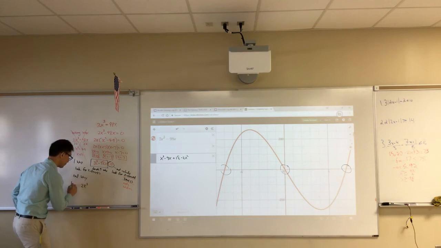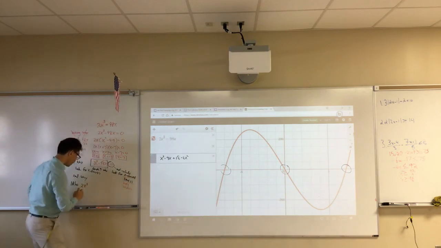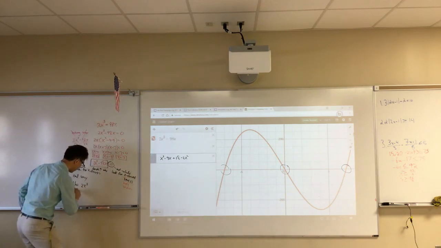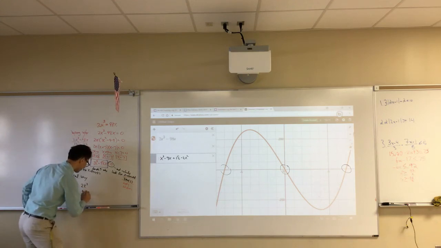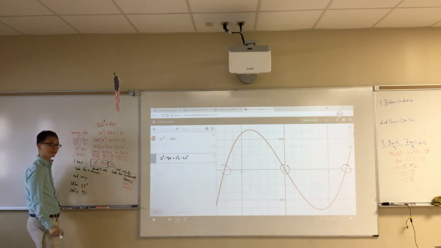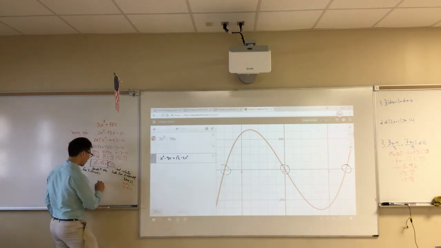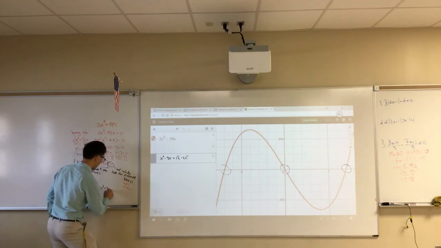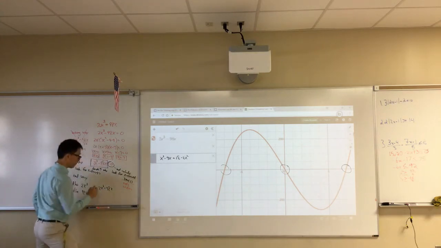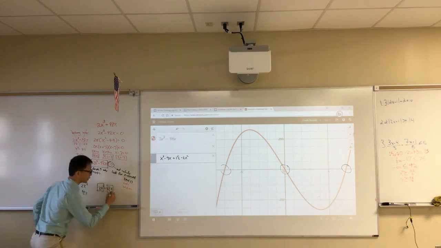Then the second line, we graph 98x. No negative, because we want to graph it from this perspective: 2x cubed is equal to 98x. We graph this one as one equation, and this one as another equation.